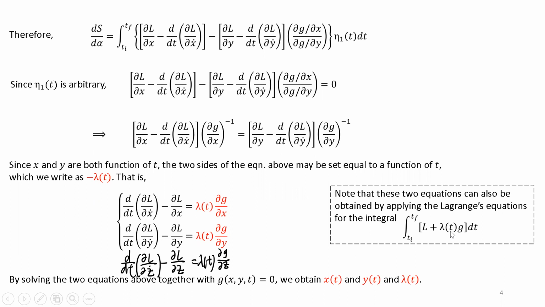Okay, if you start with this, okay, so you can see this small thing over here, right? Okay, so let me write over here. So usually, right, so you just start with this, right? So this is the action, and then you apply Lagrange equation. So with the Lagrange multipliers, so we do this.